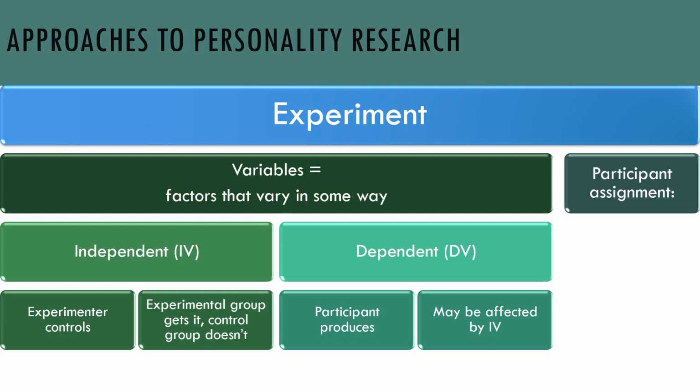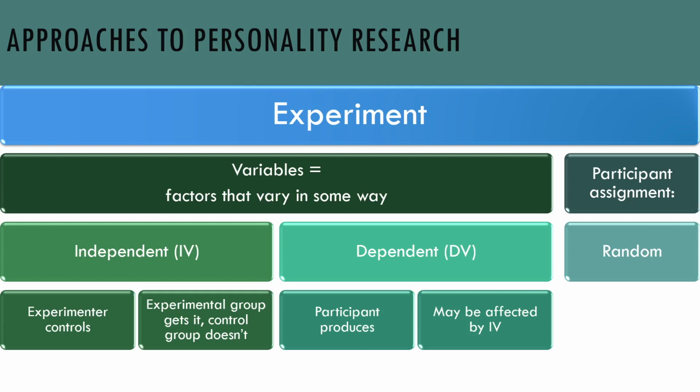So when you're deciding whether an individual participant is going to be in the experimental group or the control group, the quintessential important factor of an experiment is that those participants are placed in those groups randomly. Every participant has an equal chance of being placed into the experimental condition or the control condition.